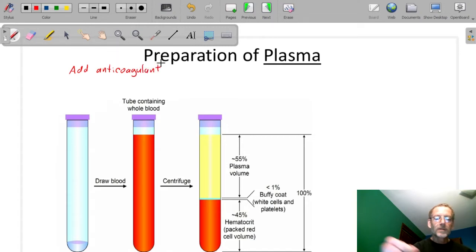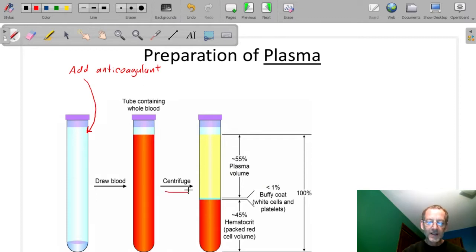And that will prevent the blood from coagulating or clotting. You don't want the blood to clot if you're trying to prepare plasma. You fill the tube with blood, so it has blood and the anticoagulant, and then you centrifuge it.